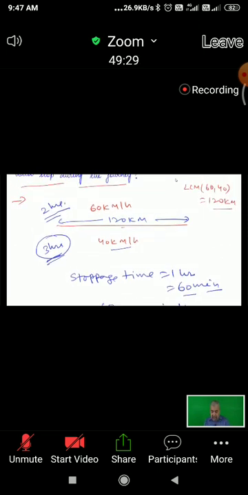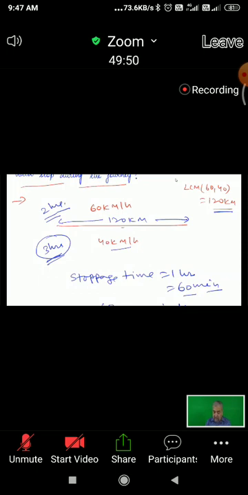I repeat again, because in the question distance is not given, so you take some distance. It's up to you. You can take any distance, but for calculation ease, you can take the distance as LCM of 60 and 40, which I have taken here as 120 kilometers.